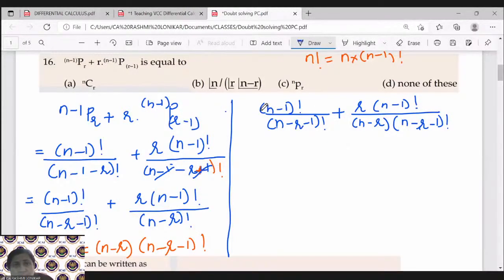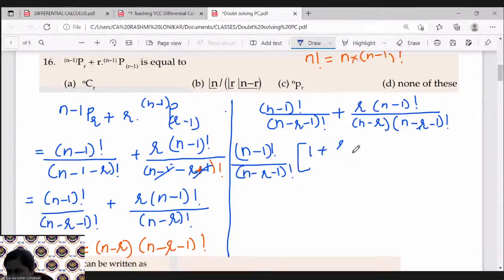Now from the numerator, I will take out n minus 1 factorial common. From the denominator, I will take out n minus R minus 1 factorial common. So I have n minus 1 factorial upon n minus R minus 1 factorial common. What is left here? 1 plus here it is left R upon n minus R. Okay. n minus 1 factorial I have taken out. n minus R minus 1 also I have taken out.